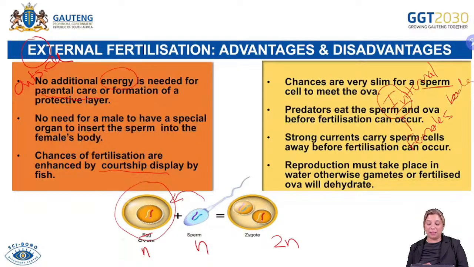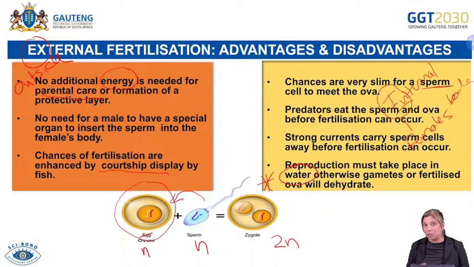And reproduction must take place in water. If you remember anything about today's lesson, remember, external fertilization needs water to occur. Internal fertilization does not need water. And they like to ask to see if you know which one needs water and which one doesn't. Okay, so it's very, very important that we remember that external fertilization needs water.